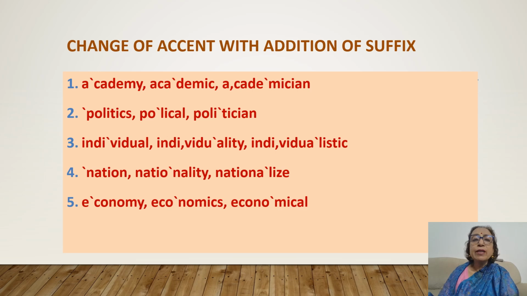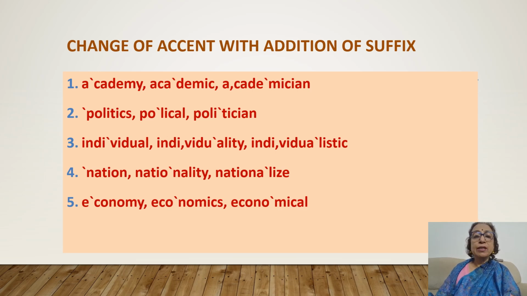Here you have some more examples of accent, but the idea is different because we have changed the same word into different forms. The word is exactly the same, but it is used in different forms, and with each addition of suffix. We shall study much more about suffix in our vocabulary lessons, but today let me say suffix means something which you add to the end of the word.